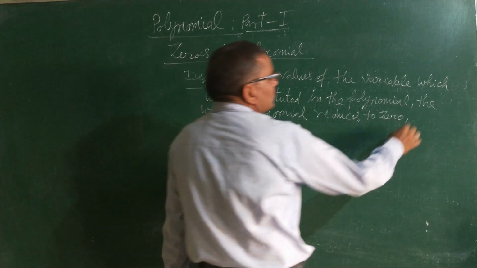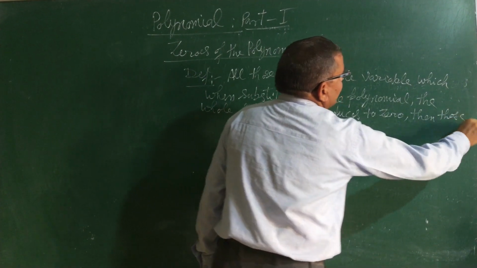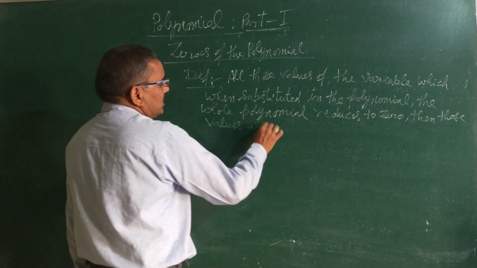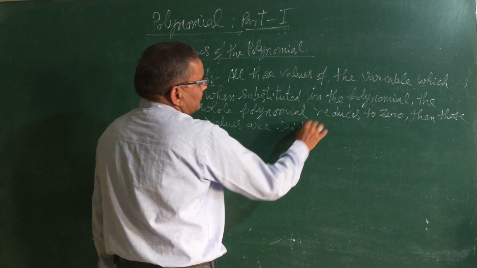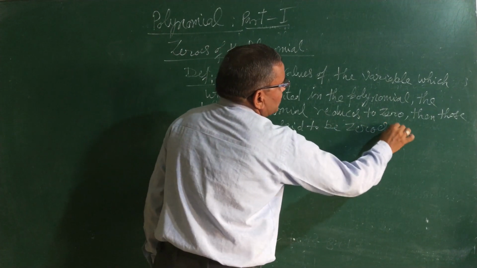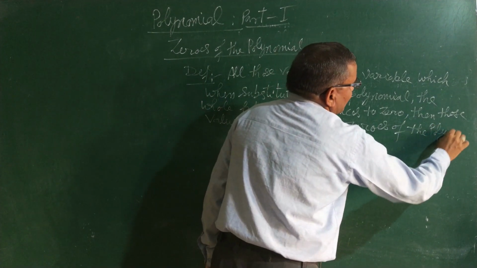Then those values are said to be zeros of the polynomial.